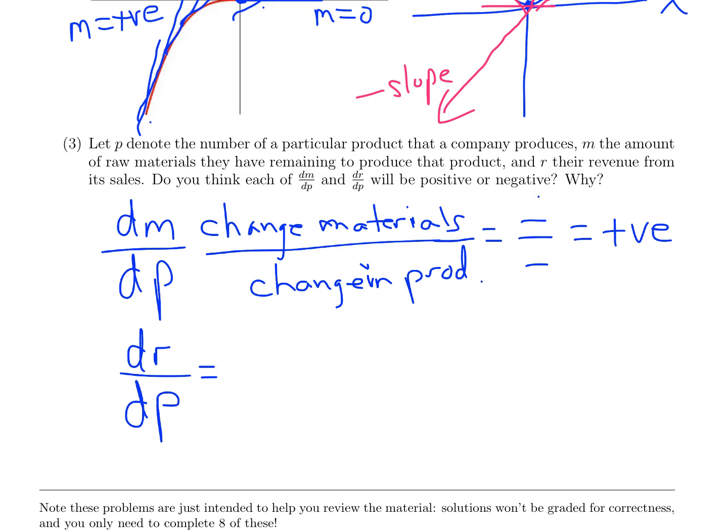Like you could flood the market and not make the revenue that you were making, but that's kind of more of a business side of thinking, so I'm not sure that he wants you to get into that. I would think that with dR/dP, if one goes up, the other goes up. If one goes down, the other one goes down. It's going to be also a positive ratio or relationship.